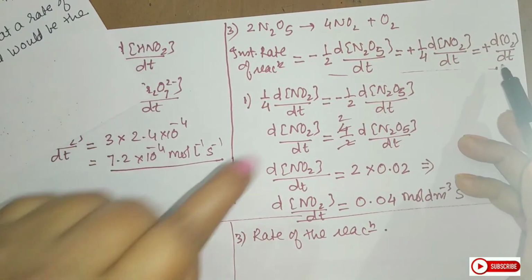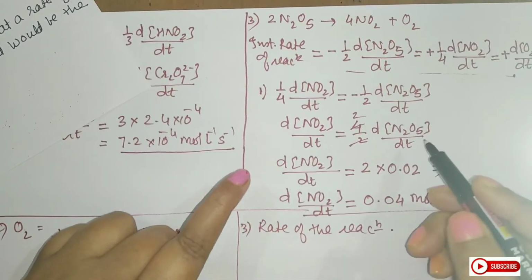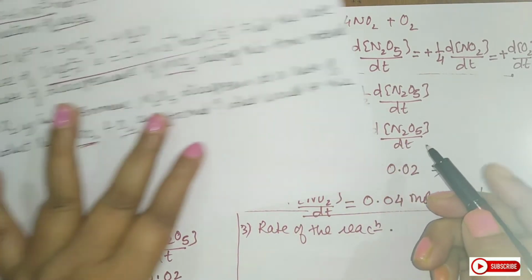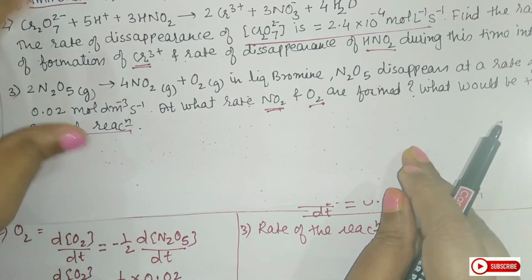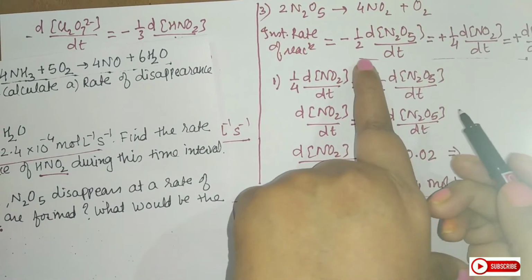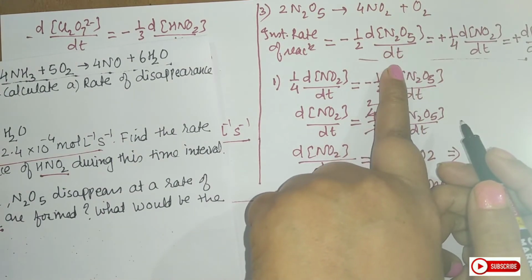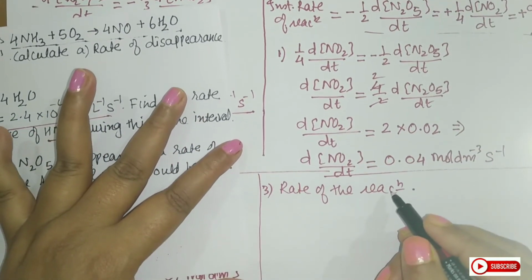Now, for example, if I am considering the concentration of N2O5, what is the N2O5 which is given in the question? That is 0.02. But if I see the equation, it is half the concentration of N2O5 with respect to time. So if I take N2O5, what will be the rate here?